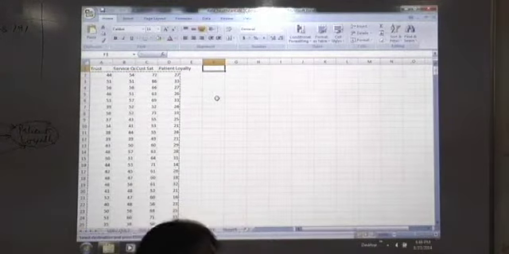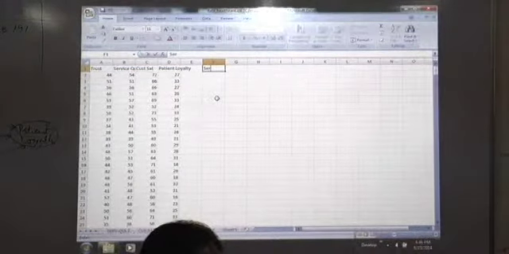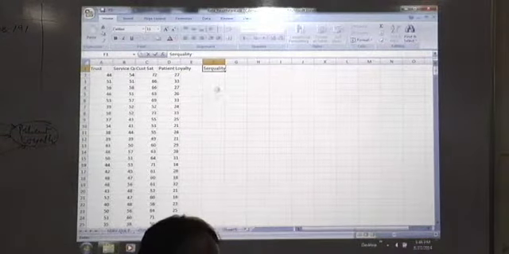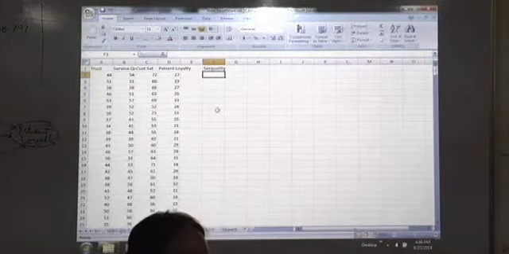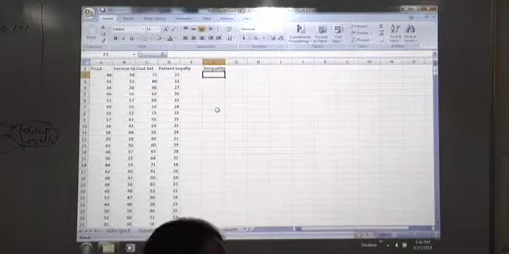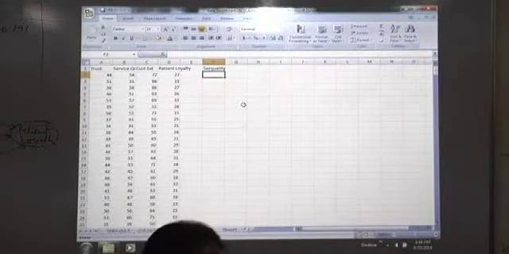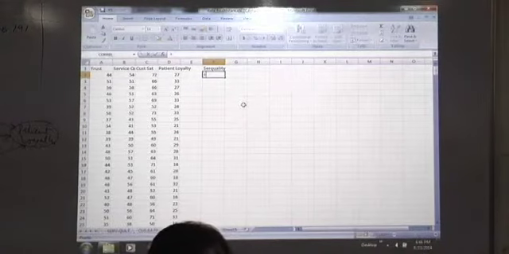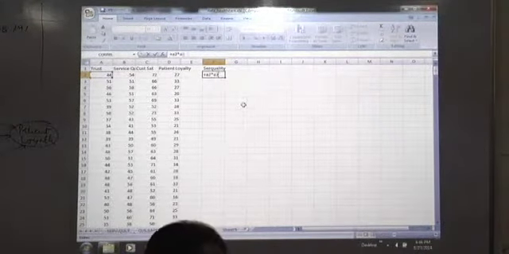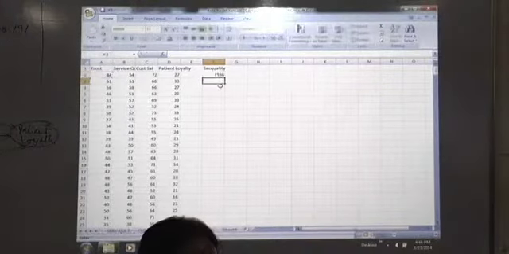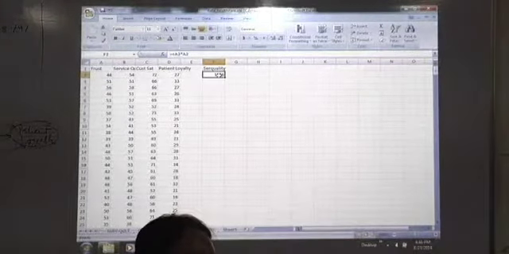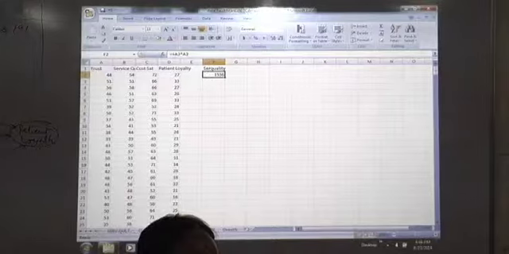That means if I take the square of the service quality, this is A2 multiplied by B2. This is trust.